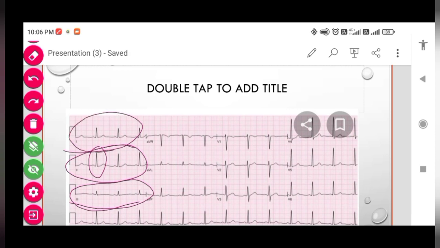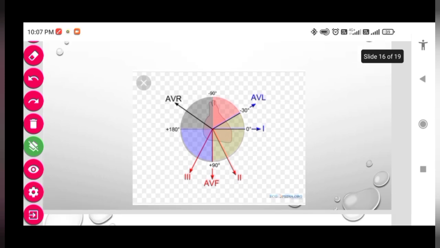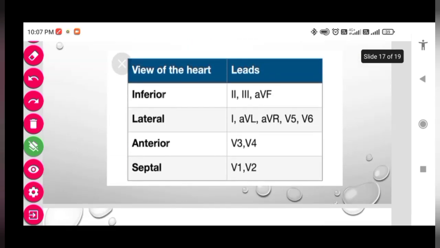Lead 1 is also smaller than lead 2. So by this combination we can see that on the inferior side of the heart it is represented by lead 2, 3 and AVF. On the lateral side, anterior side and septal side we'll see once again.